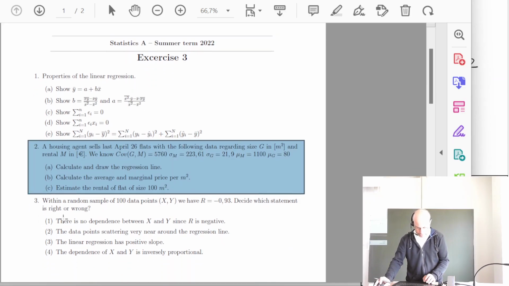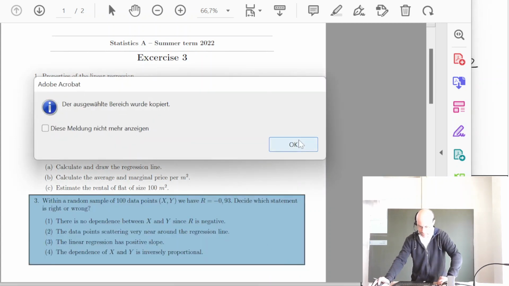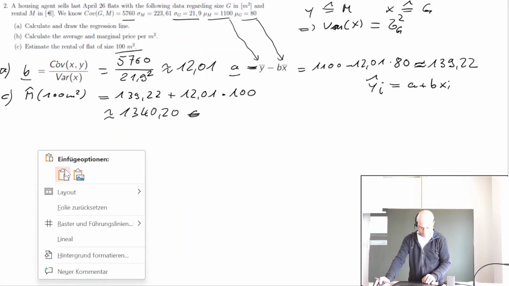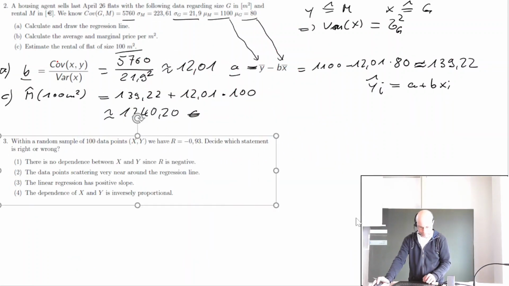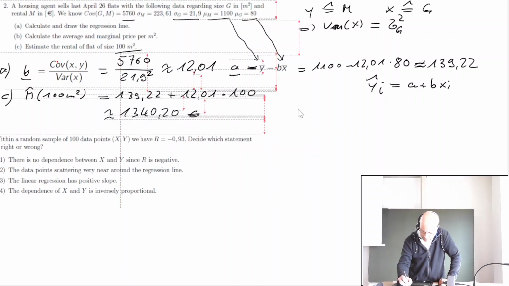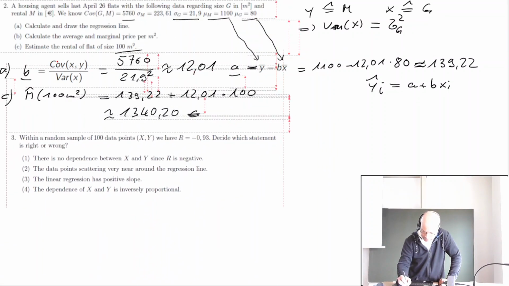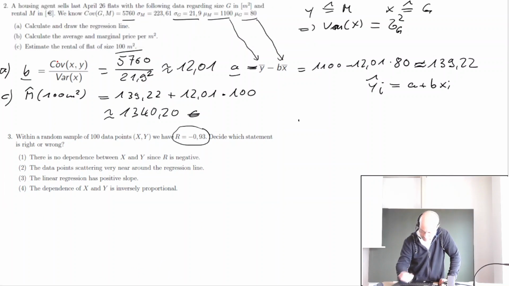Next task. Again, some general questions. You know, this lecture is also about understanding. Within a random sample of 100 data points, we have found r equals minus 0.93.